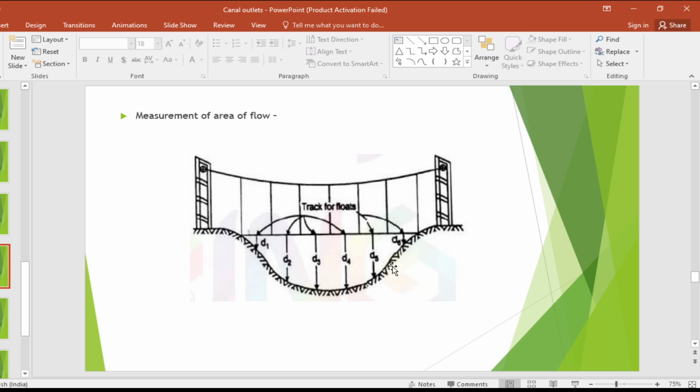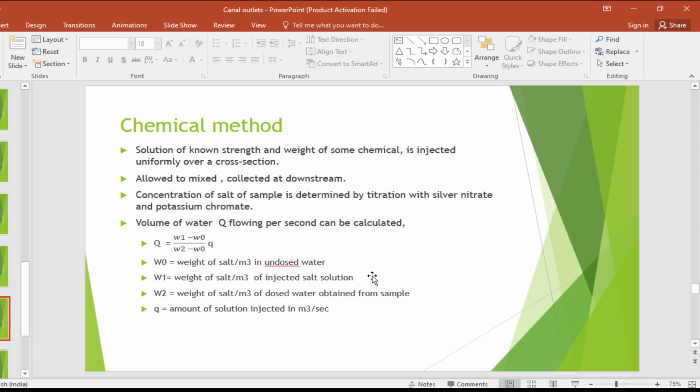Okay, so the areas are of 6 sections and the velocities are also of 6 sections, so we can find out the discharge as Q equals a1 v1 plus a2 v2 plus and so on, a6 v6. Okay, this is about the area velocity method of finding out the discharge of a canal.